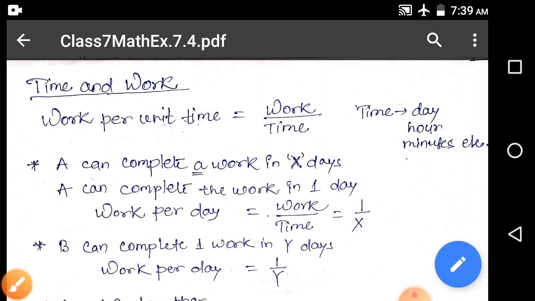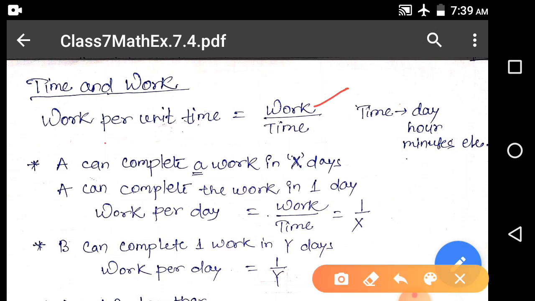If we have the value of work and the work per unit time but not the time, then we can find the time just by dividing the work by the work per unit time. That means we use this relation to find whatever the unknown term is with the help of the two given terms.